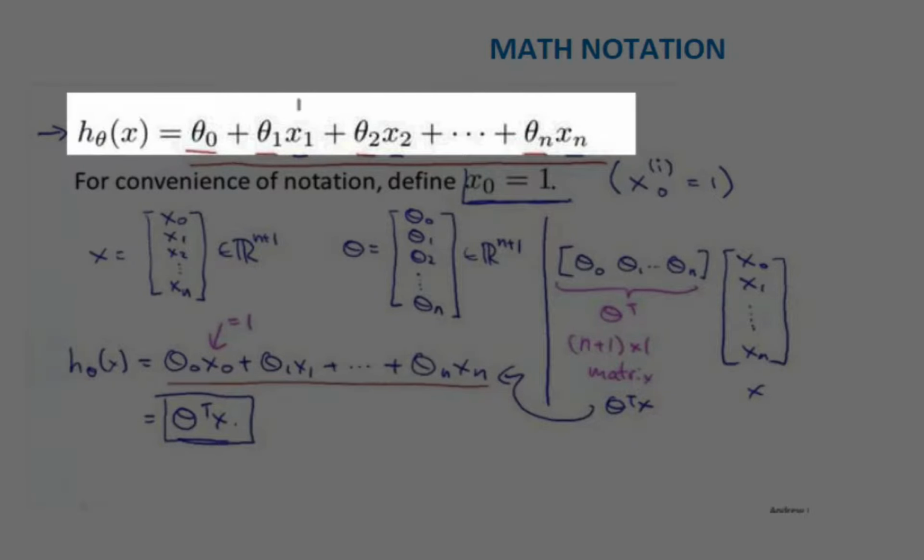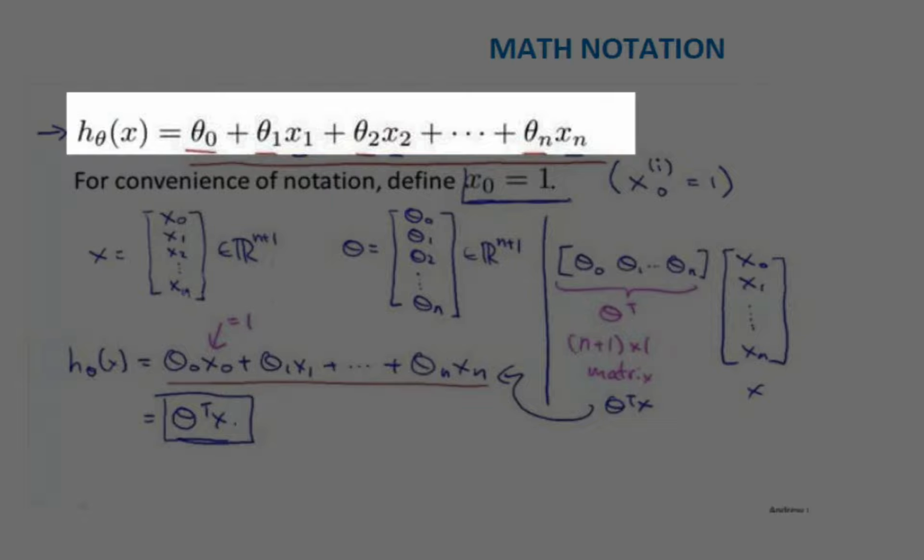This is a linear equation where the hypothesis h theta of x is the value of y, the prediction that we are going to make, and it is equal to theta 0 plus theta 1 x1, where x1 is the feature number 1, plus theta 2 x2, x2 is the second feature, and so on until all the features are covered. In the case of the breast cancer prediction, we have nine features, remember? So we go up to x9.